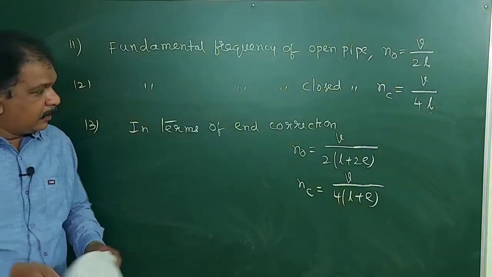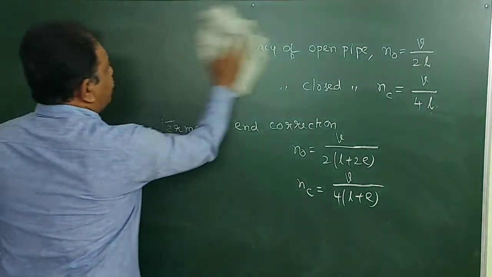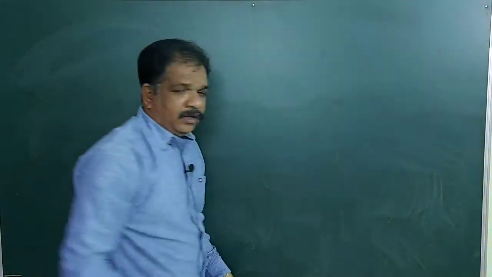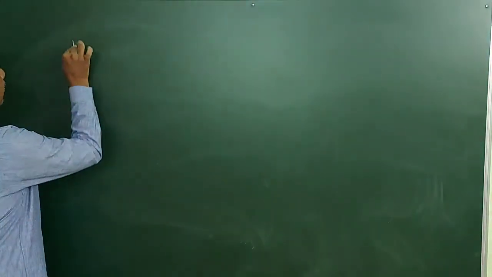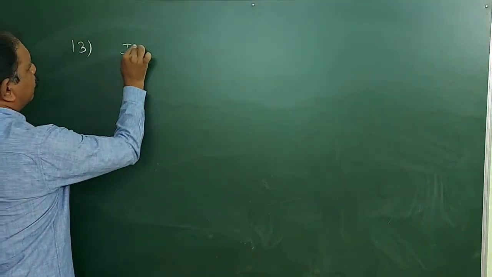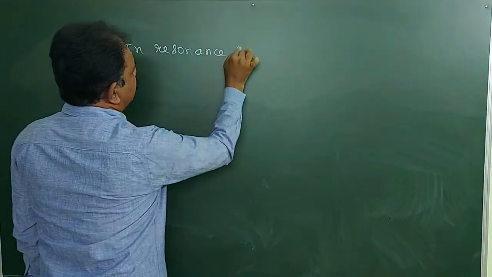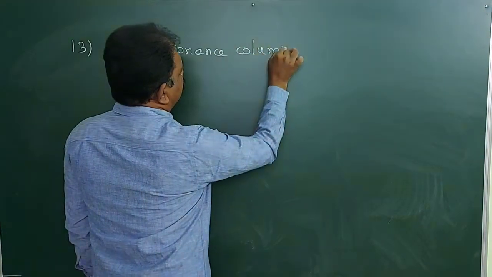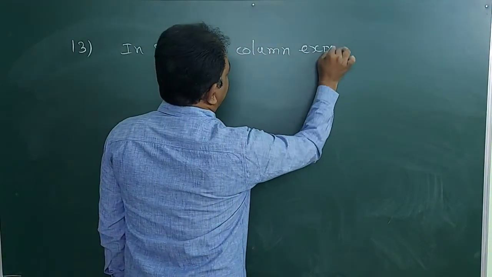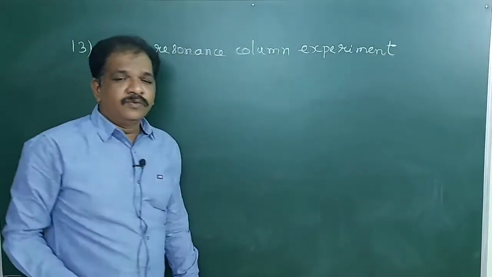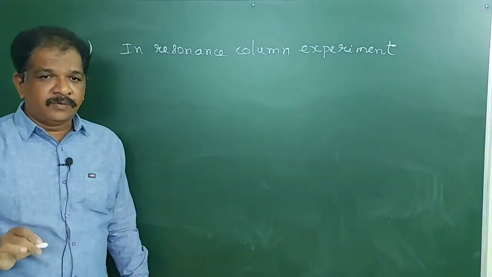Okay. Next, to find the velocity of sound, we will use resonating column experiment. So, in resonance column experiment, what is this used? To find the velocity of sound in air.